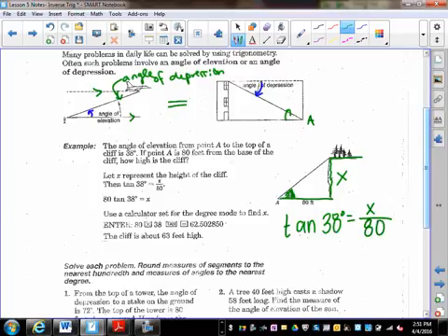Again, you've already done problems like these, such as the ramp on the back of the moving truck, or the ladder up against the wall. They just use different terminology to tell you the degrees. Okay. Then we would multiply by 80 on both sides, and we get x is approximately 62.503 feet.